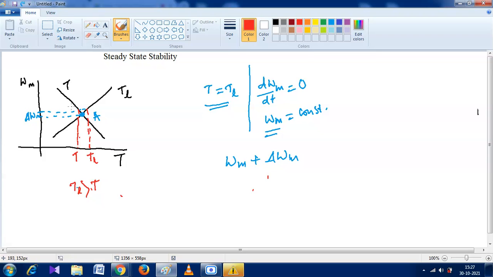The motor goes this way, or you can say the speed is decreasing and it goes back to the A point. The speed of the motor load system decreases because at that time the load torque is greater than the motor torque.